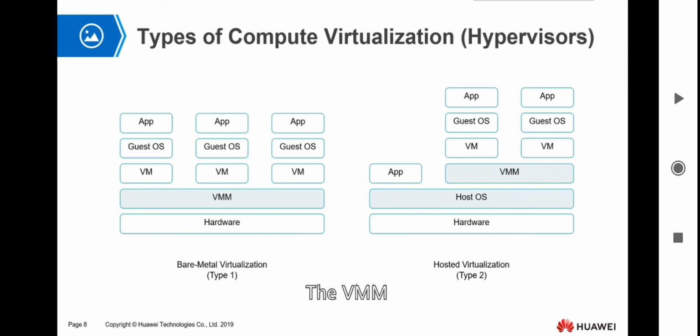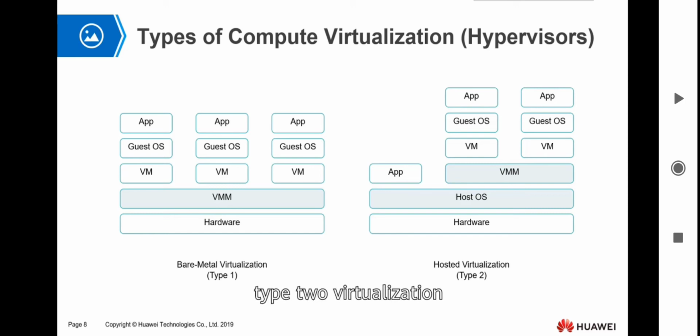The VMM obtains resources by calling the host OS to implement virtualization of the CPU, memory, and I/O devices. A virtual machine created by the VMM participates in scheduling as a process of the host OS. Products that use the Type 2 virtualization include KVM and VMware.